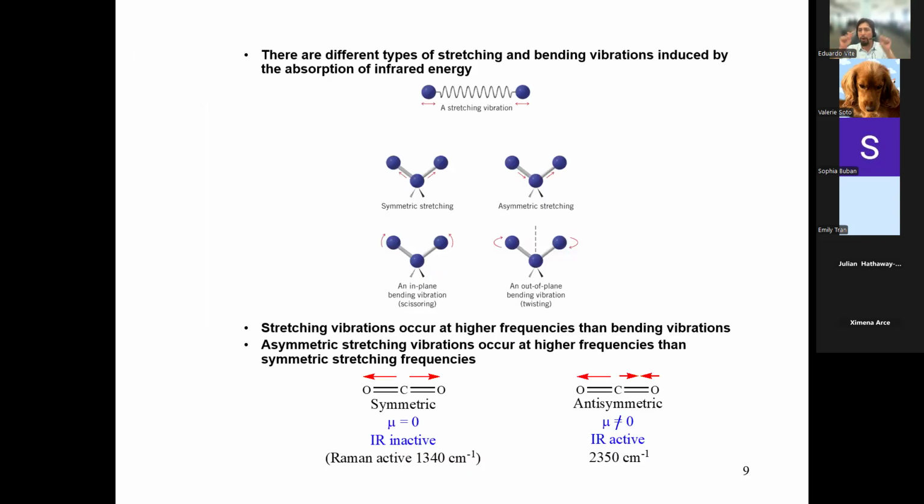You can see the bonds can go in and out towards the center of the molecule, or one can go out and one can stay in, or they can both bend together, or sometimes they bend towards each other like this. Like, I haven't gone to the gym in a while, so I don't really know what you call those hugging motions. And you can also do the ones that work out your back, right?